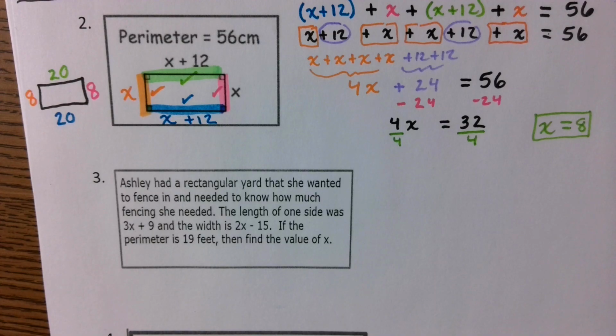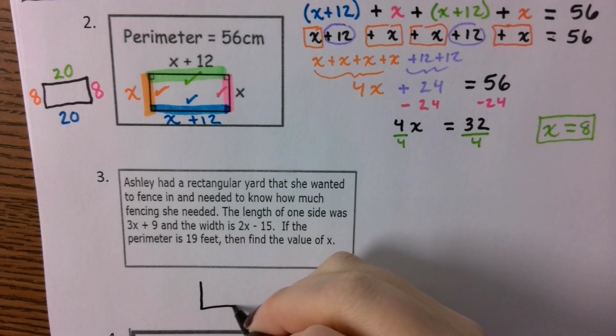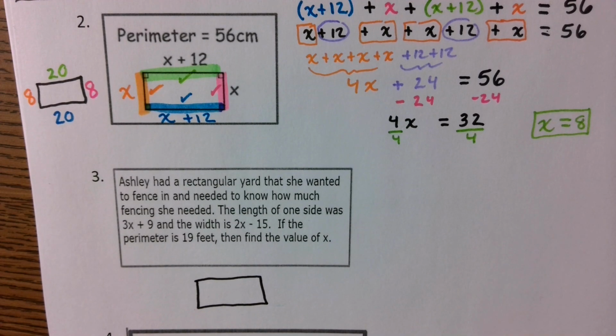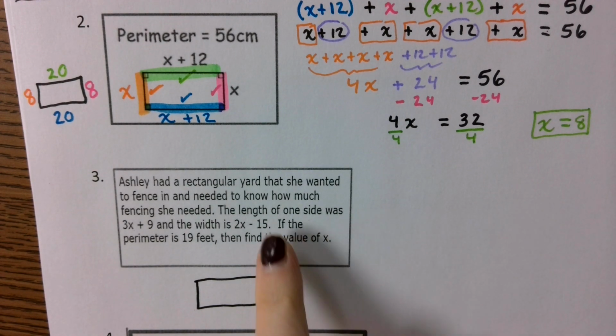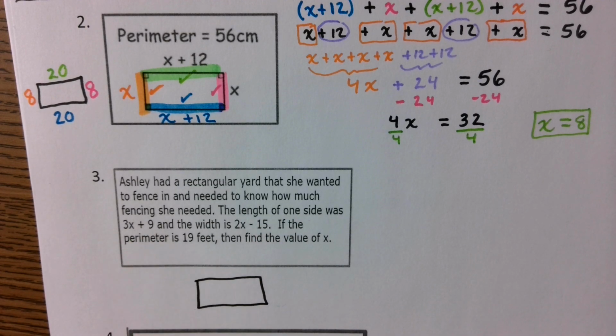Okay, first things first, what do you think I might want to do with a problem like this to help me a little bit more? Draw a rectangle, right? Drawing a rectangle is really helpful. Now, they said the length of one side is 3x plus 9.